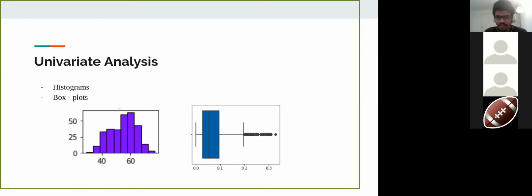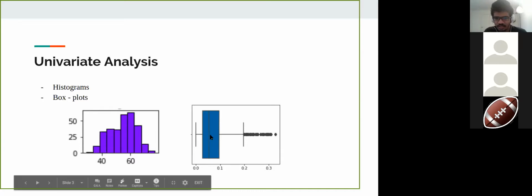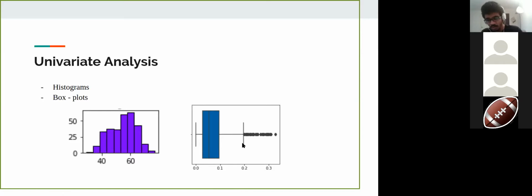Let's say we look at this. The middle line, I guess you can see here, that's the median. And then we have the lower quartile on this side and the upper quartile on this side. And these ends are whiskers. They don't mark the endpoints technically.